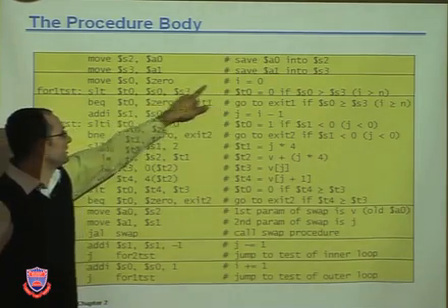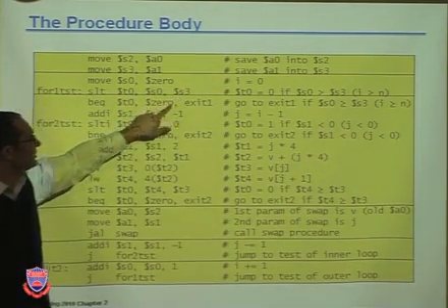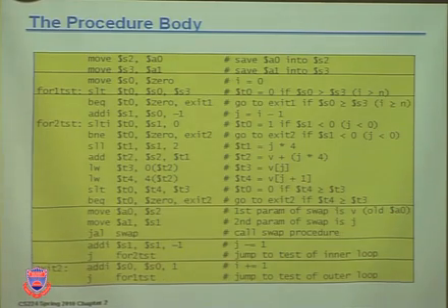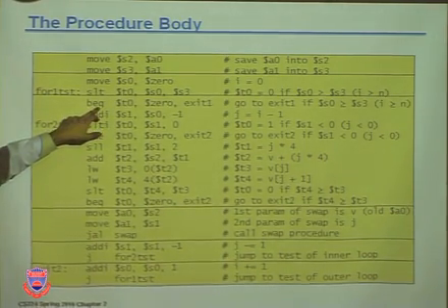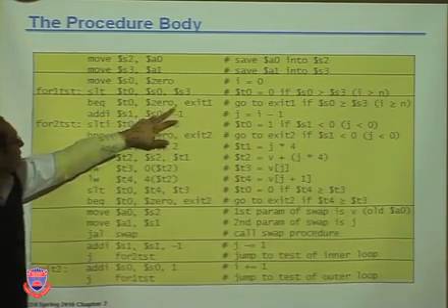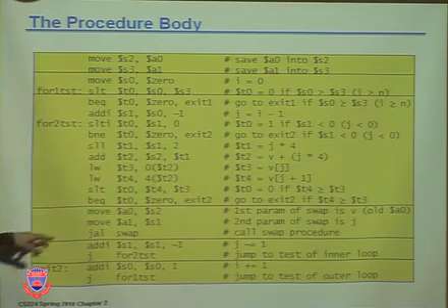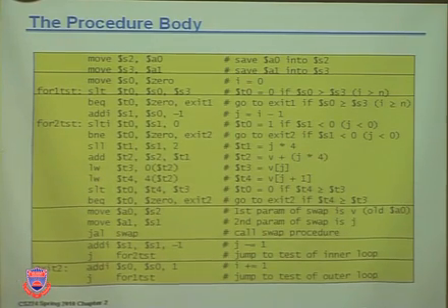This is i that we initialized, and then it's checking against s3. If it is less than s3, otherwise it's going to what? Stop, right? Because beq, t0 will be equal to 0, and it is going to branch into exit1, which is given not here but on the next slide.